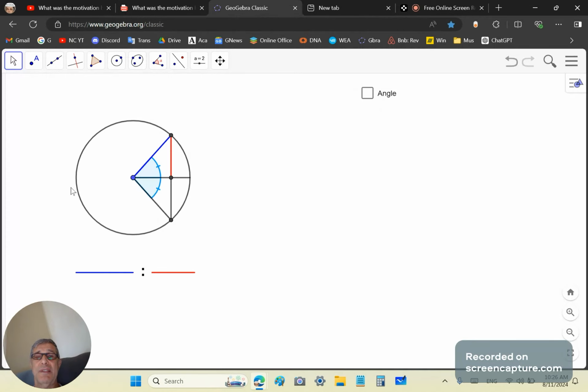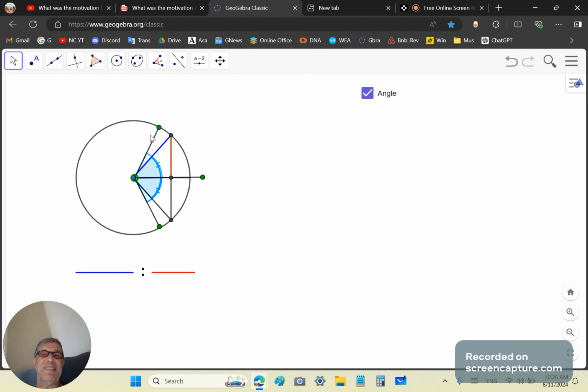So what Hipparchus did was he took this chord and said, given any angle, you could place this point at the center like that, and then just do this, okay? And basically, you can identify that angle.